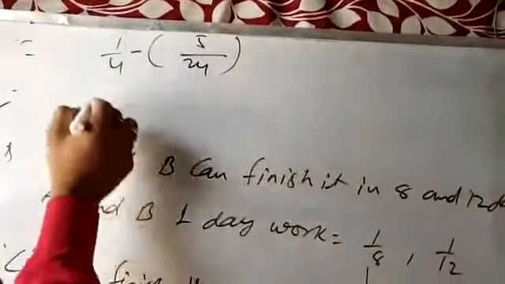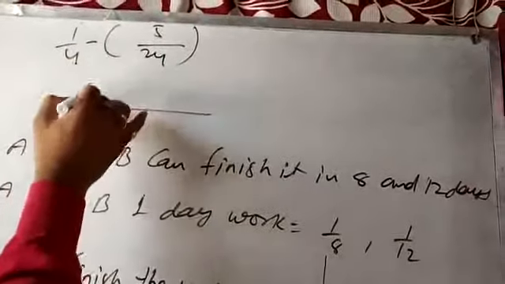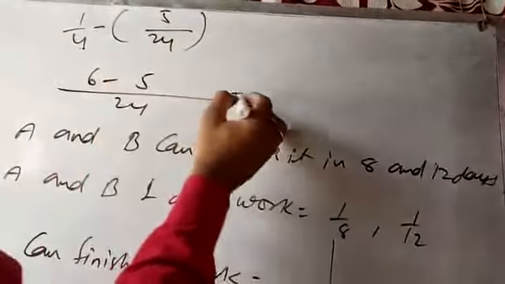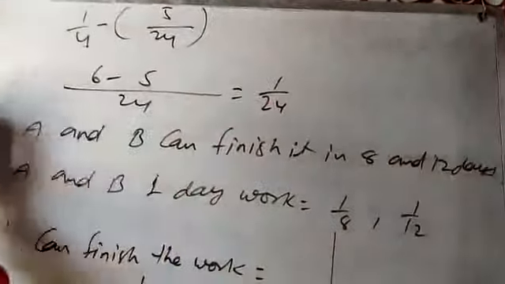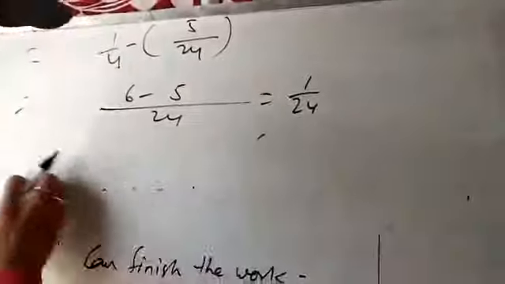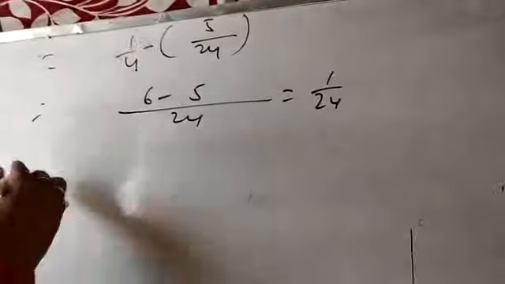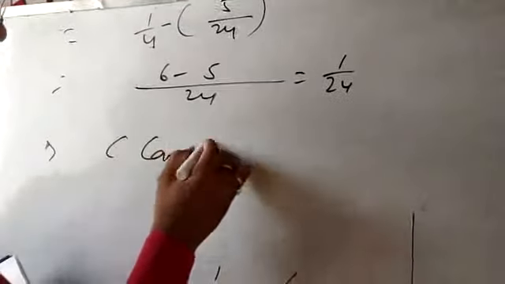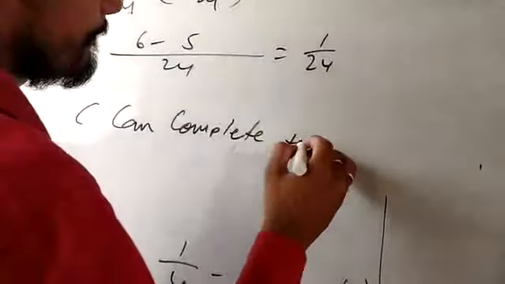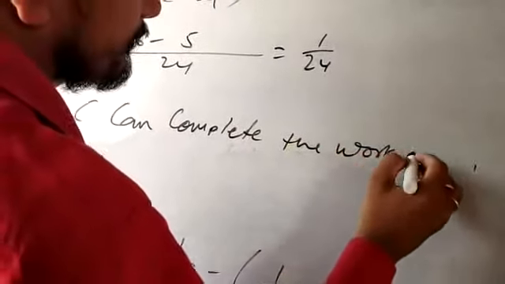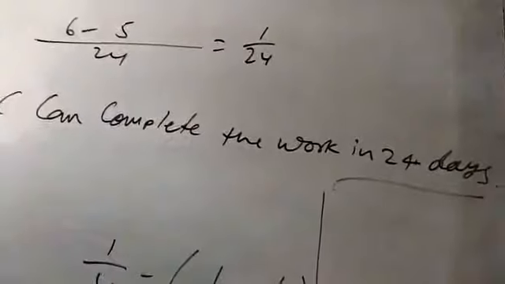Again, take LCM of 4 and 24. We'll get 24. 4 6s are and 24 1s are. So 1/24. Okay. So C can complete the work in 24 days. Okay.